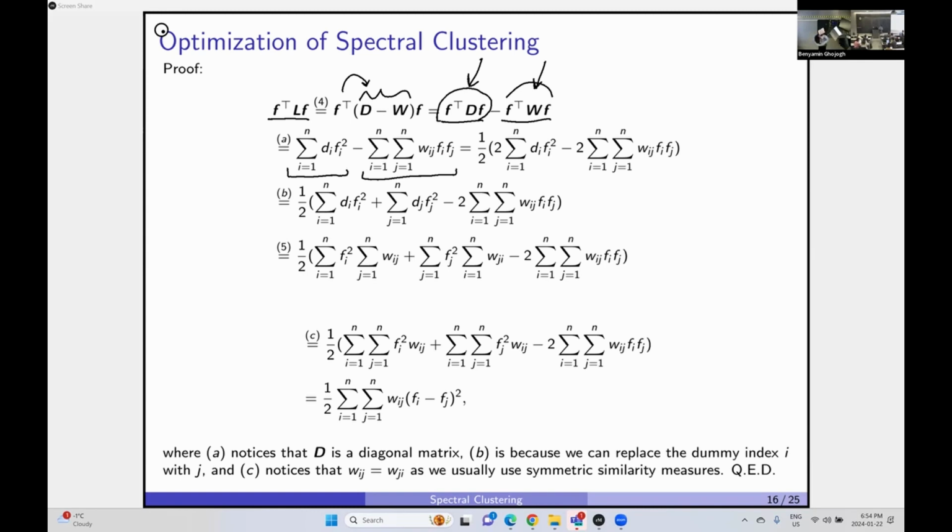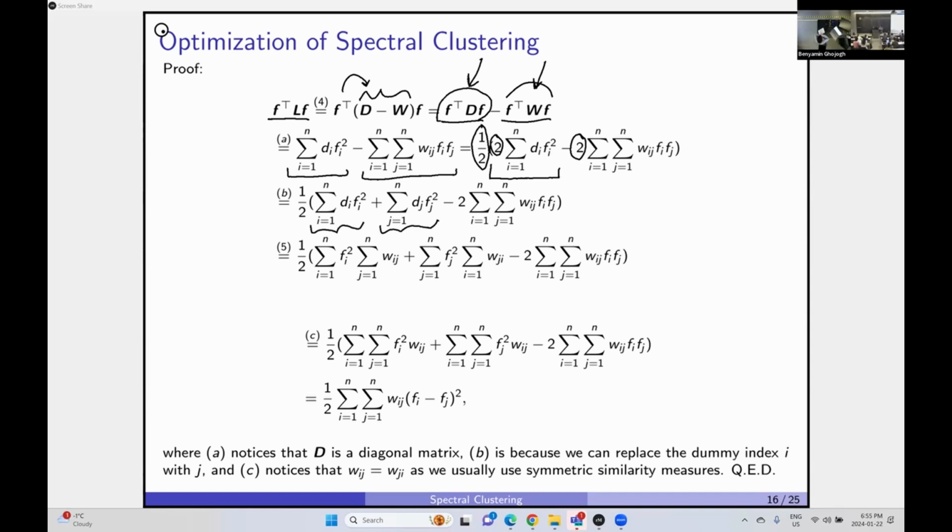Now I can multiply it by half and multiply it by 2 again. Now I write these two summations as summation plus that summation.